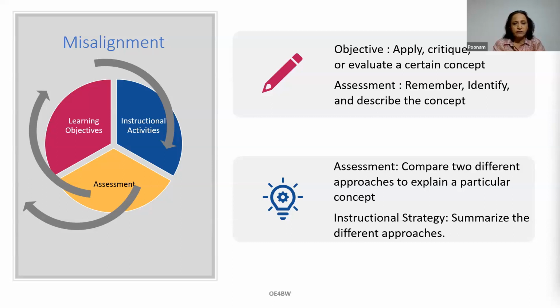For example, if the intent is for the students to be able to apply or evaluate a certain concept, but assignments and exams ask them to remember or describe the concept, then assessments are not aligned. Your objective for the students is to apply the skills, but your assessment is measuring only factual recall.